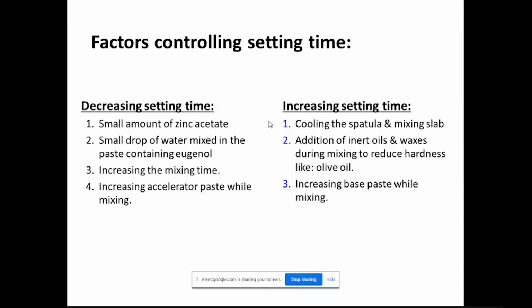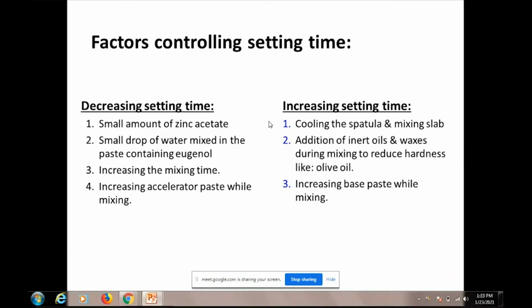All four factors can decrease the setting time. While for increasing the setting time, either cool the material, or add oil, or add more of the base paste. What is the base paste? It is zinc oxide.